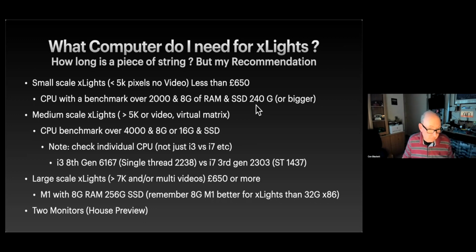If you've got an old mechanical hard drive in there and you can swap it out for an SSD, great, because if you do end up swapping, that swap will be a lot faster to an SSD than to an old-fashioned mechanical magnetic drive. They're a hell of a lot faster.